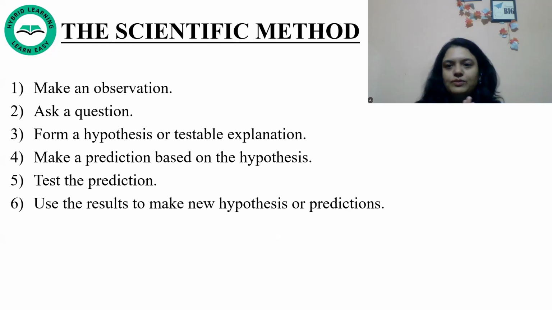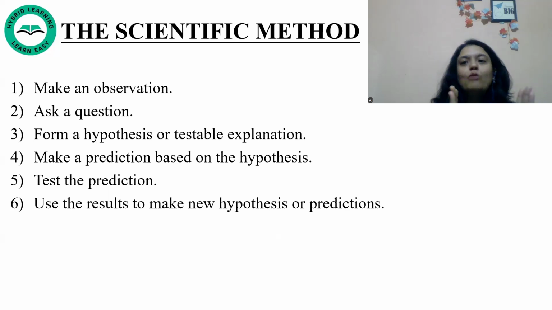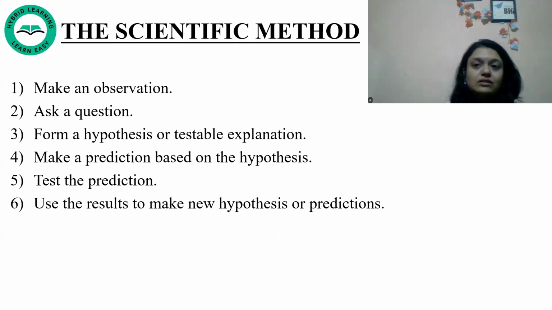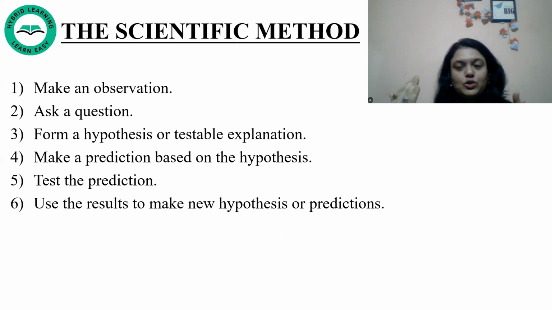Can it be solved? Then we have to form a hypothesis or a testable explanation. Now, what is a hypothesis? A hypothesis is basically a very tentative answer to the problem that you are facing. Depending on the hypothesis, we can proceed forward. So, getting a hypothesis is very important.